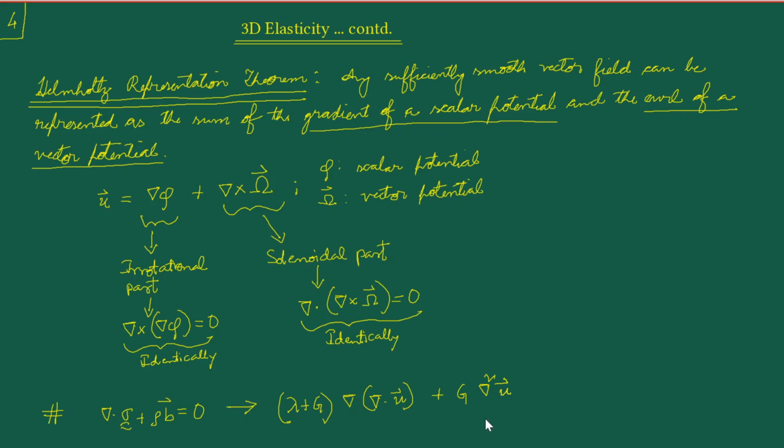Now you see what I have here. I actually have my displacement vector, and I can take the divergence of that. I will obtain some expression in terms of this phi and capital omega. What about this del squared u? It turns out that directly taking the Laplacian doesn't do me much good here.